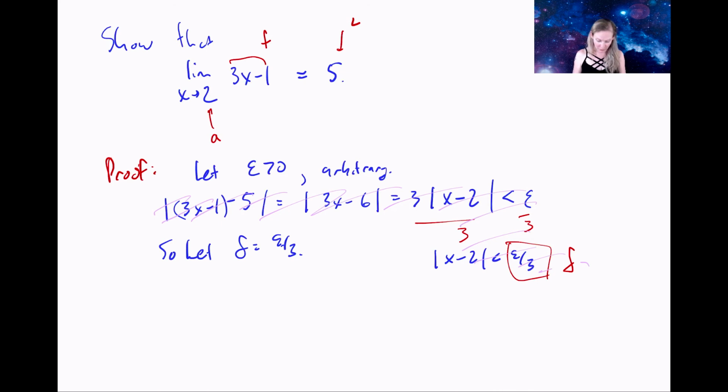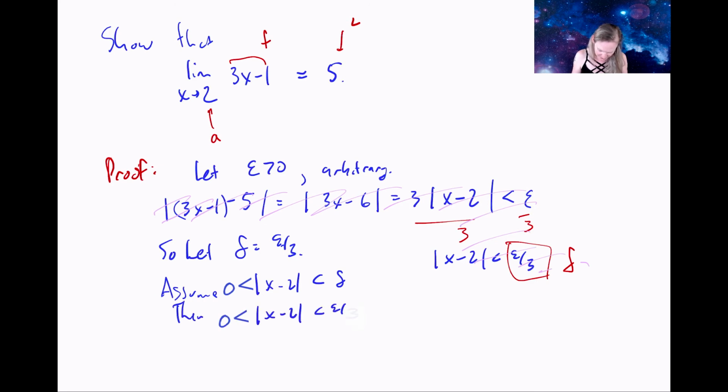So I'm going to assume the absolute value of x minus 2 is less than delta. Then the absolute value of x minus 2 is less than epsilon over 3. So absolute value of x minus 2 times 3 is less than epsilon.